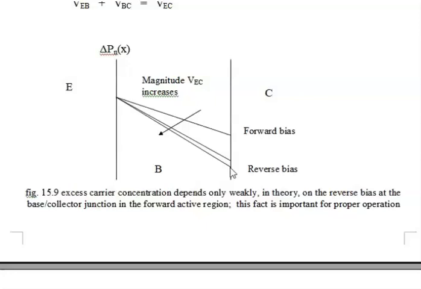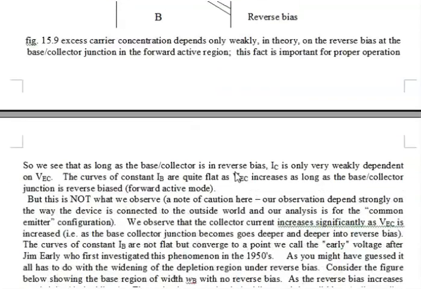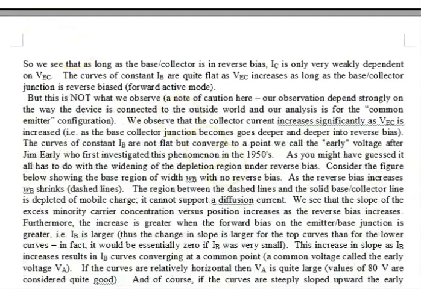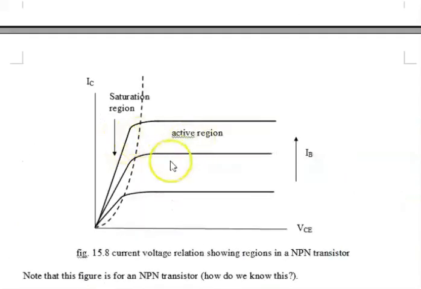And that point is when we get to an excess carrier concentration of about 10 to the third minus 10 to the third, and we've seen that before. So all that is a bit of review.